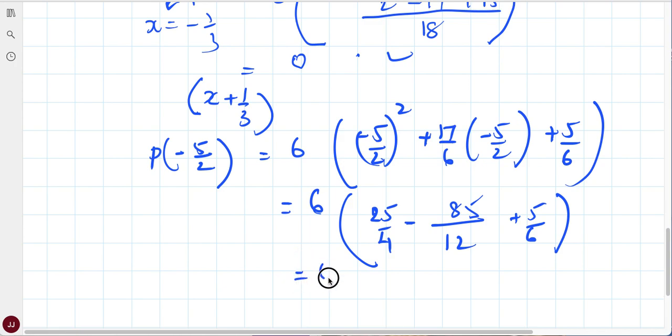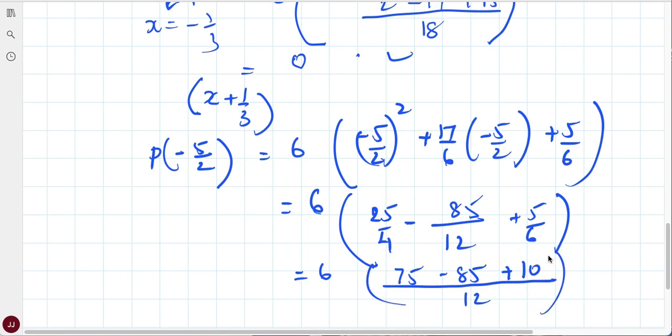So we have 6. The LCM is 12, 4 3s are 12, 325 75 minus 85, 6 2, this becomes plus 10. Okay, so this whole numerator reduces to 0. Okay, so this arrives at 0.